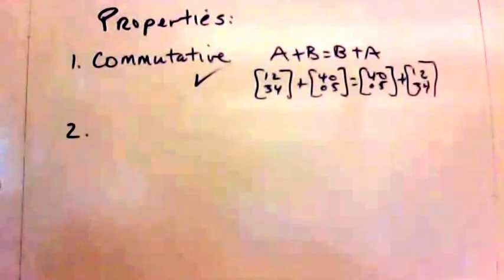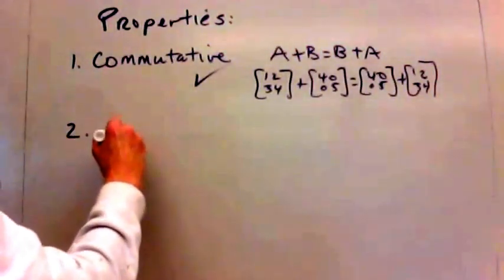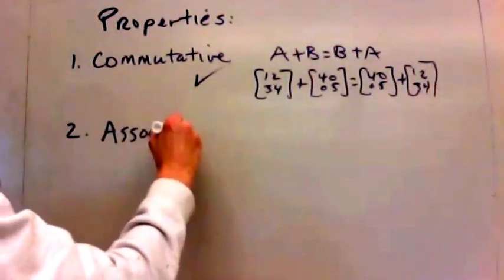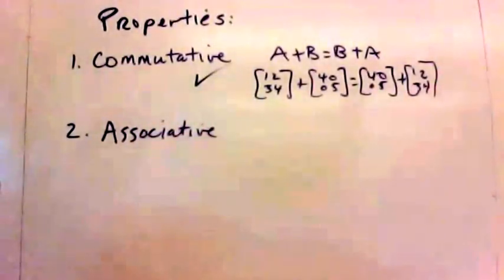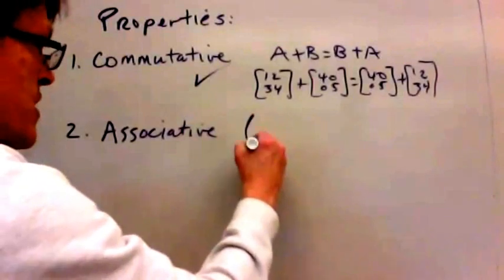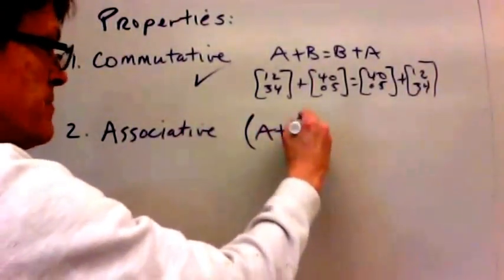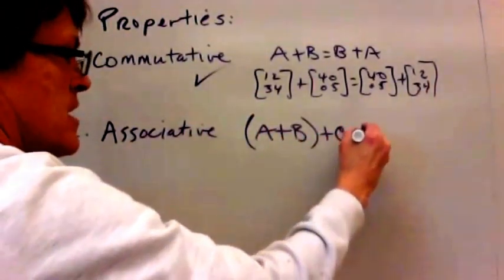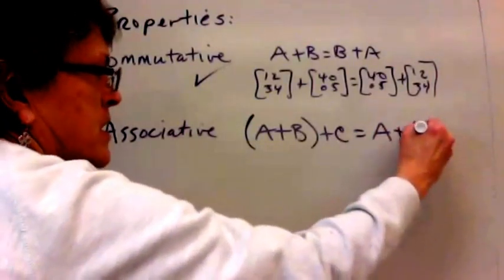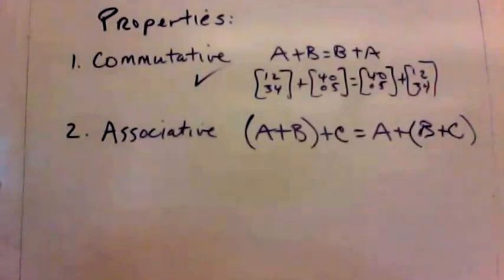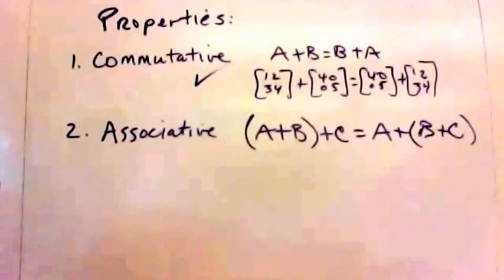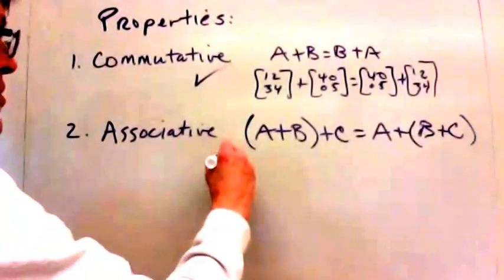How about associative? Associative, if you remember, is the regrouping property, which says that A plus B plus C is equal to A plus B plus C, with the grouping changed. Does that make sense? I'm going to give you an example.